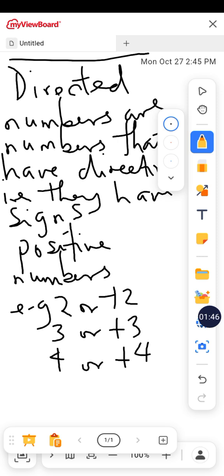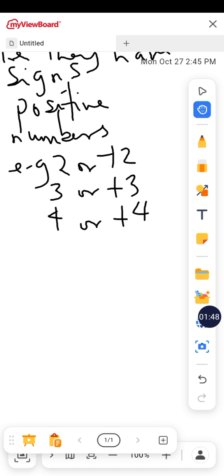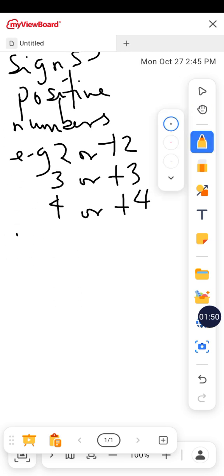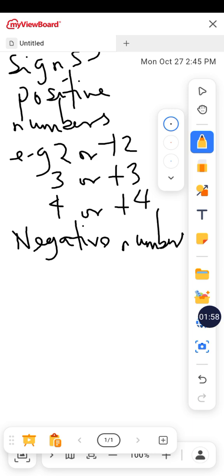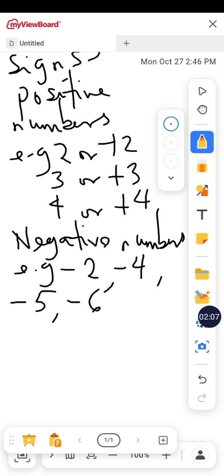And we also have negative numbers. These are numbers that have negative in their front, for example, minus 2, negative 4, negative 5, negative 6.